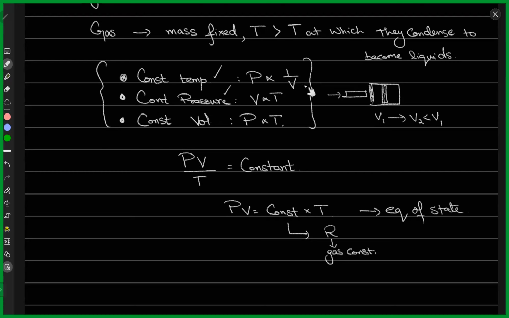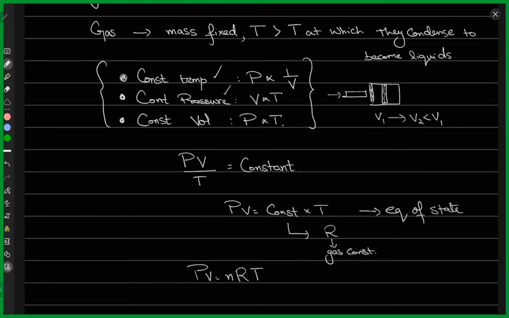Now, if I want, for example, 2 moles, 3 moles, or an entire gas, then I'll just multiply this equation by a number, which is n. So this gives me PV is equal to N, the gas constant, and then temperature.